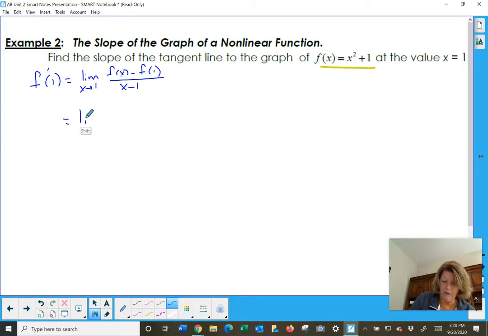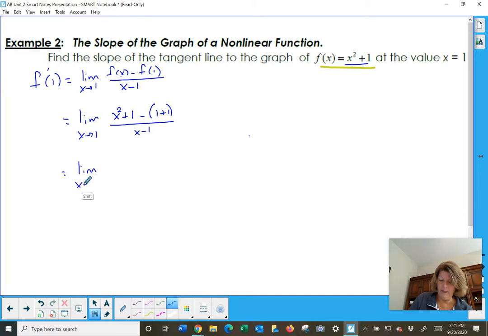That makes us have the limit as x approaches 1, f of x is x squared plus 1, minus, plug in 1, I'd have 1 plus 1, over x minus 1. Right now we can't evaluate at 1 because 1 minus 1 equals 0. So I get x squared plus 1 minus, I'm sorry, minus 2, over x minus 1.